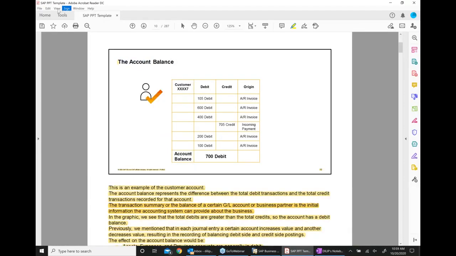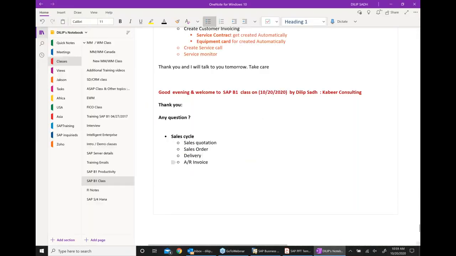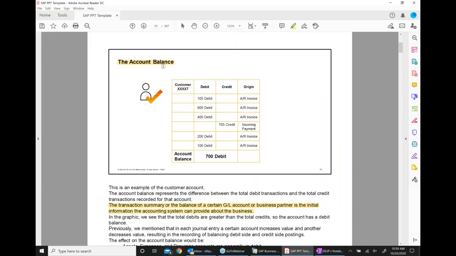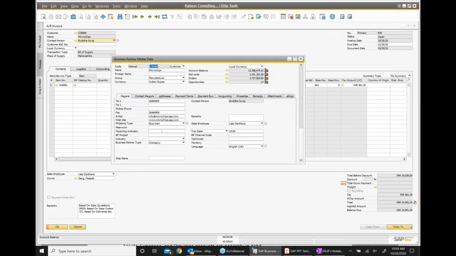Here we can get the account balance. This is the total account balance.